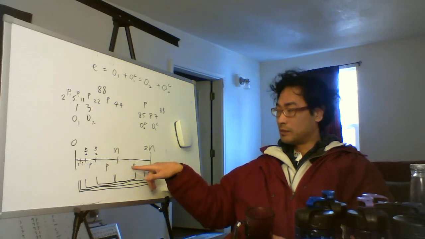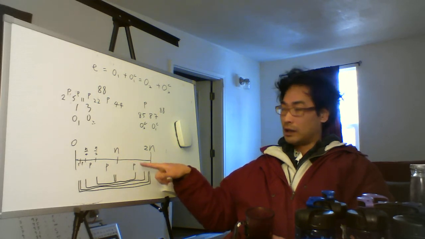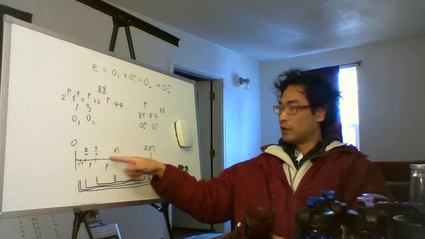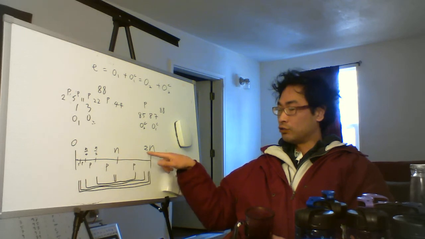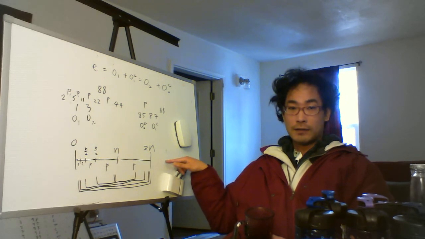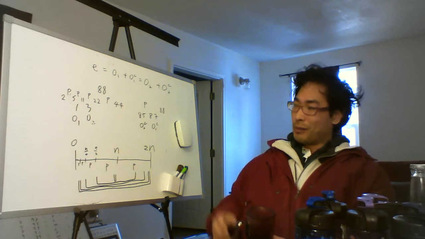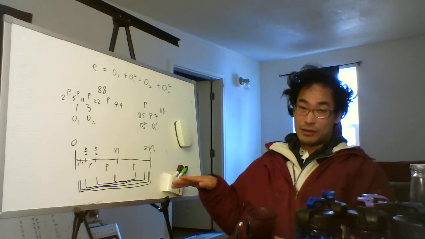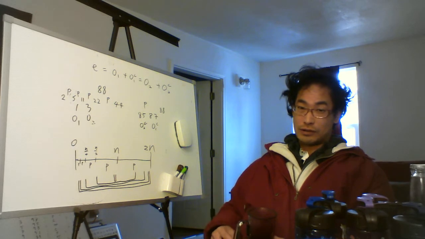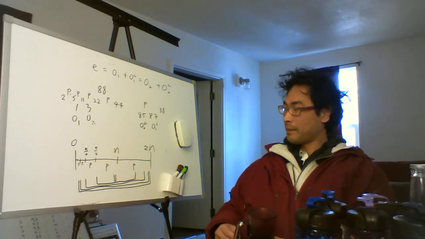So the number of primes in a given interval, like between n over 2 and n, between n and 2n, between 2n and 4n, between 4n and 8n, between 8n and 16n, maybe stays the same because they can cancel each other out. Maybe.